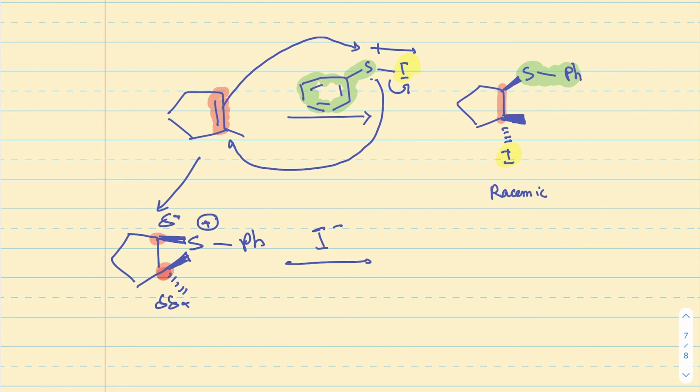And it turns out that these kinds of reactions are controlled by charge. So the iodide is going to go for the position that has the most charge concentration.